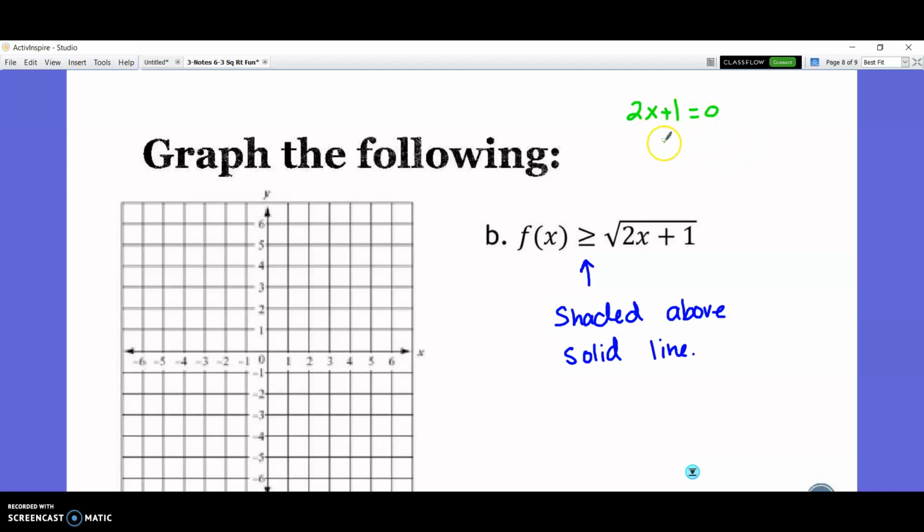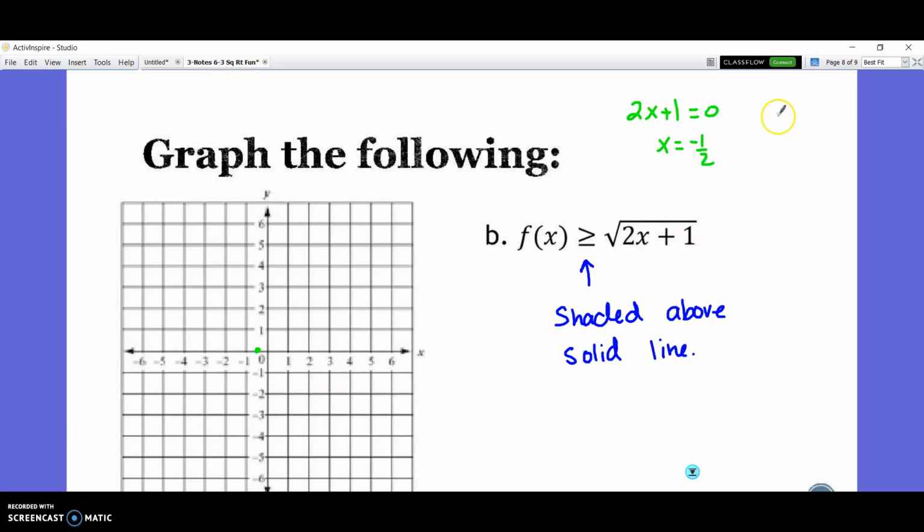If I solve for x here, x would equal negative 1/2. So at negative 1/2, when x is negative 1/2, the square root of 0 is 0. So we'll start right here.